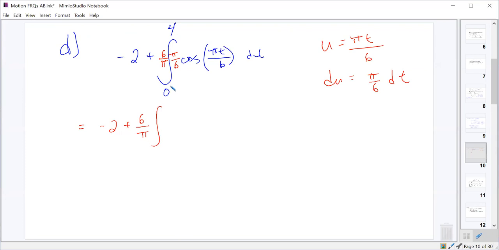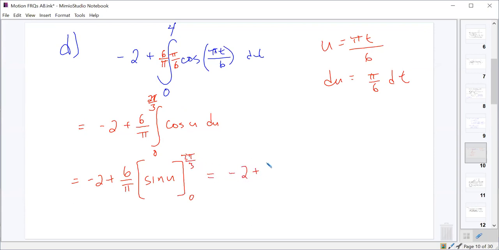And so we end up with negative 2 plus 6 over pi times the integral. Since we're now going into terms of u, we're going to have to change our limits. If t was 0, then u is still 0. But if t was 4, u becomes 2 pi over 3. And then this just becomes cosine u du. We integrate cosine u to get sine u from 0 to 2 pi over 3.